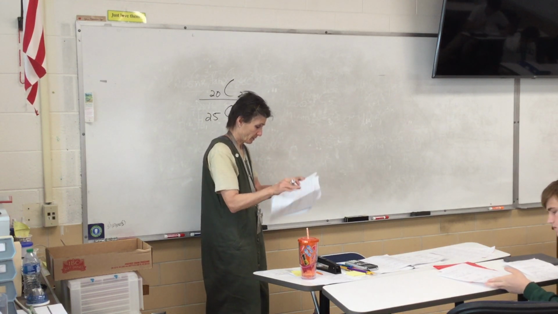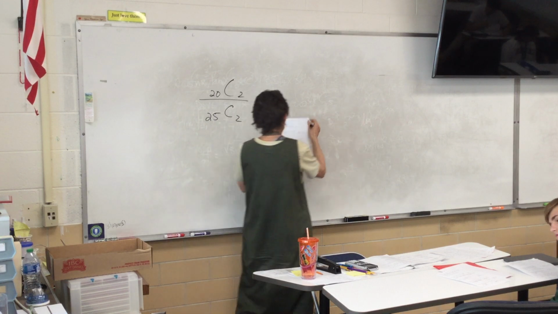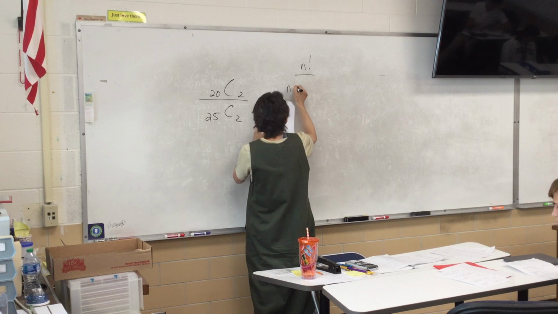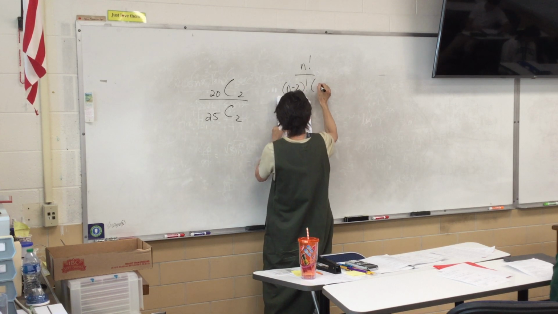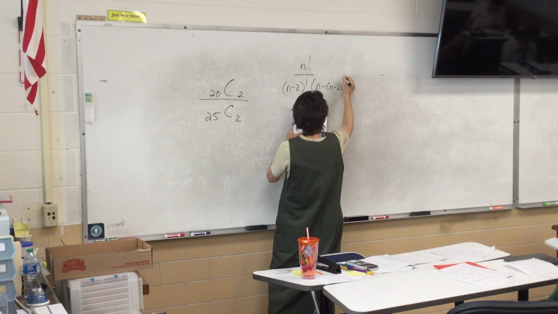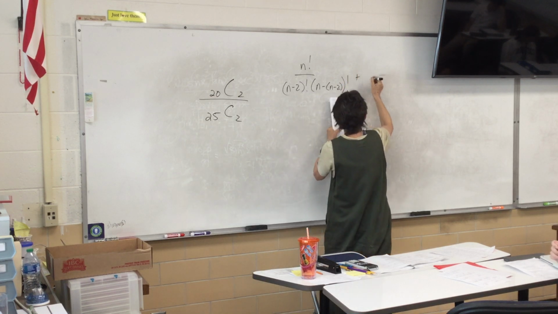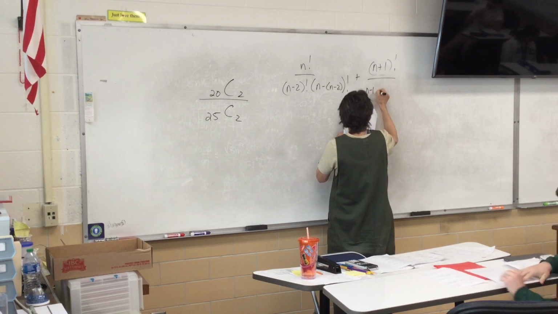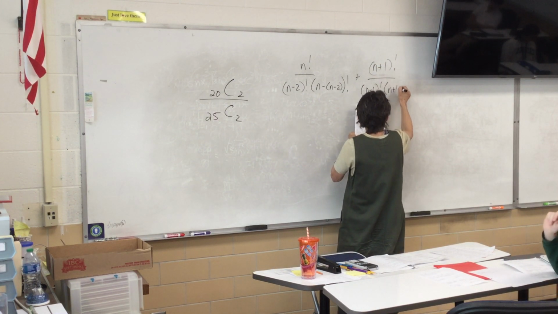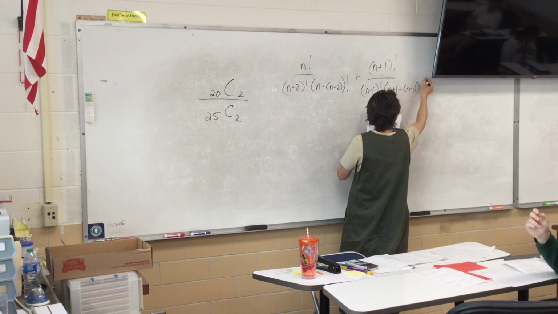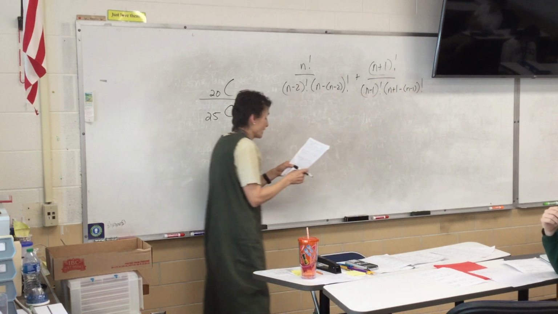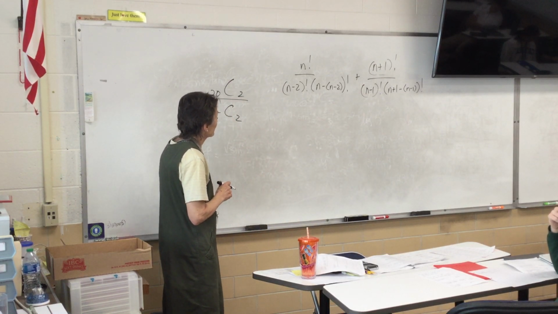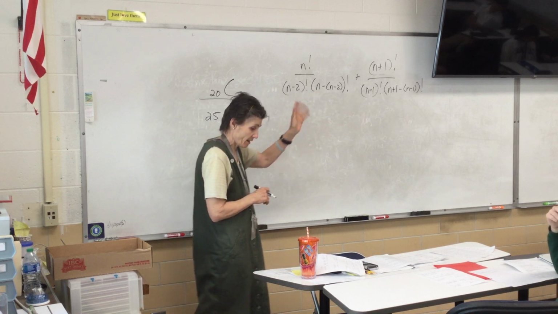All right, so with n factorial over n minus 2 factorial, times 2 factorial, we're going to add to that n plus 1 factorial over n minus 1 factorial times 2 factorial, and hopefully all that's going to reduce and just give me n squared. So I use my formula, which you're supposed to have.